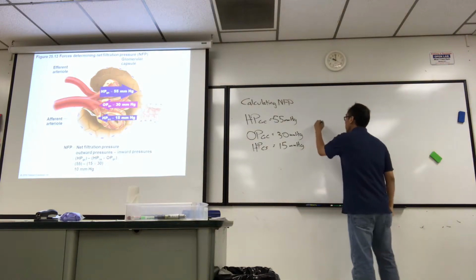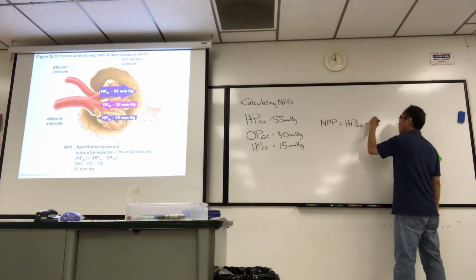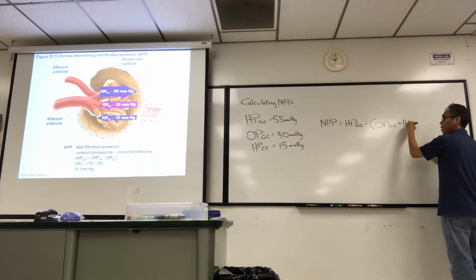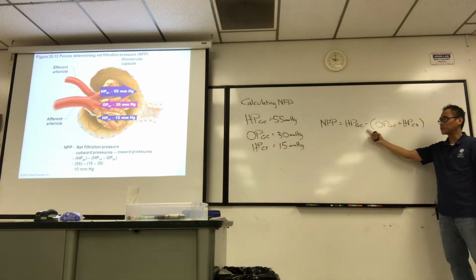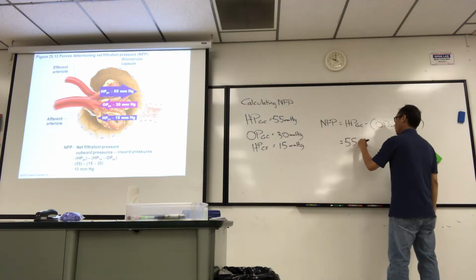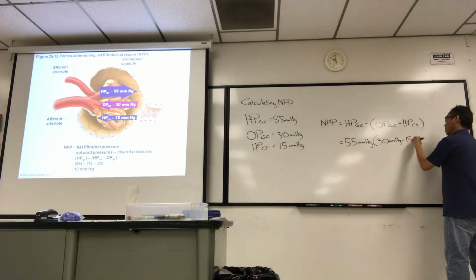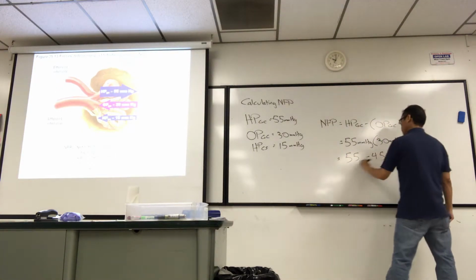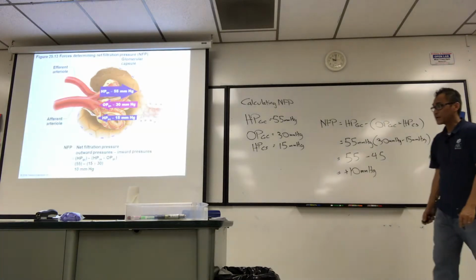So how you calculate it is, you just add up the pressures that oppose your hydrostatic pressure and just hope that it's a positive number. So it's basically about plus 10.